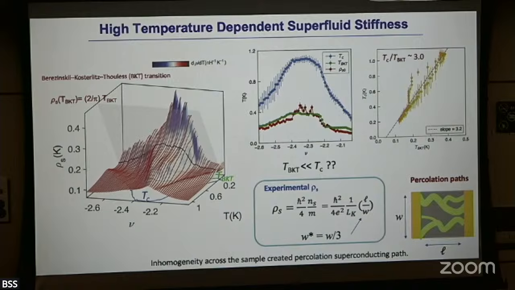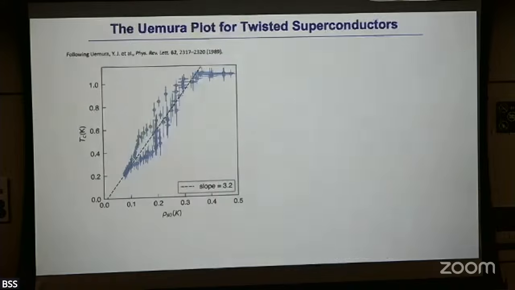And then, Philip, if you do that, what is the ratio to the zero temperature stiffness? Yes, that's basically what we are computing.